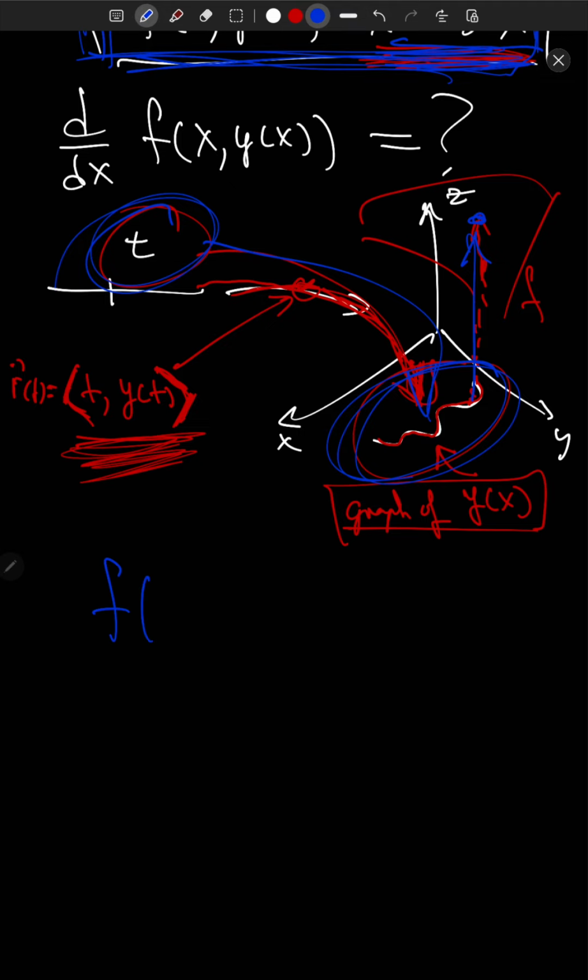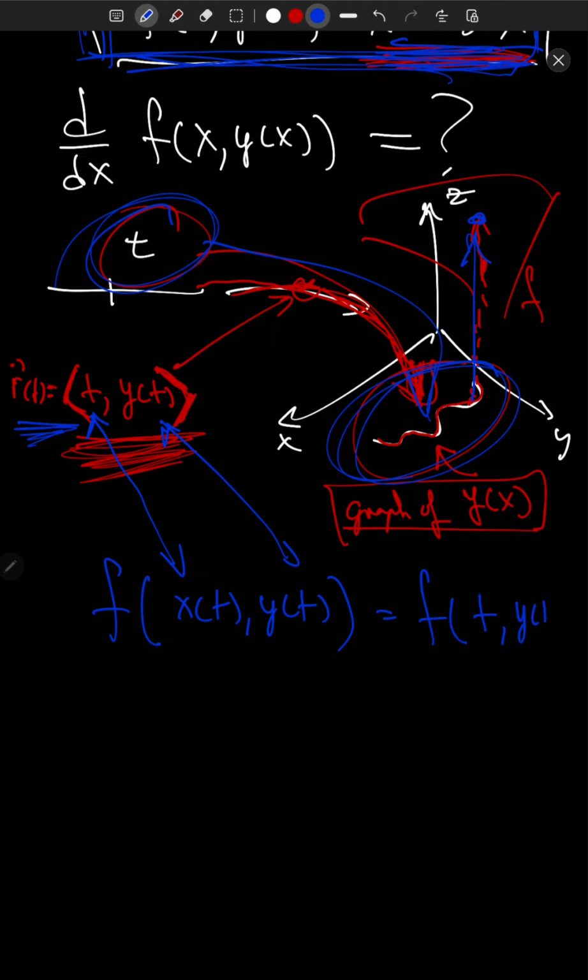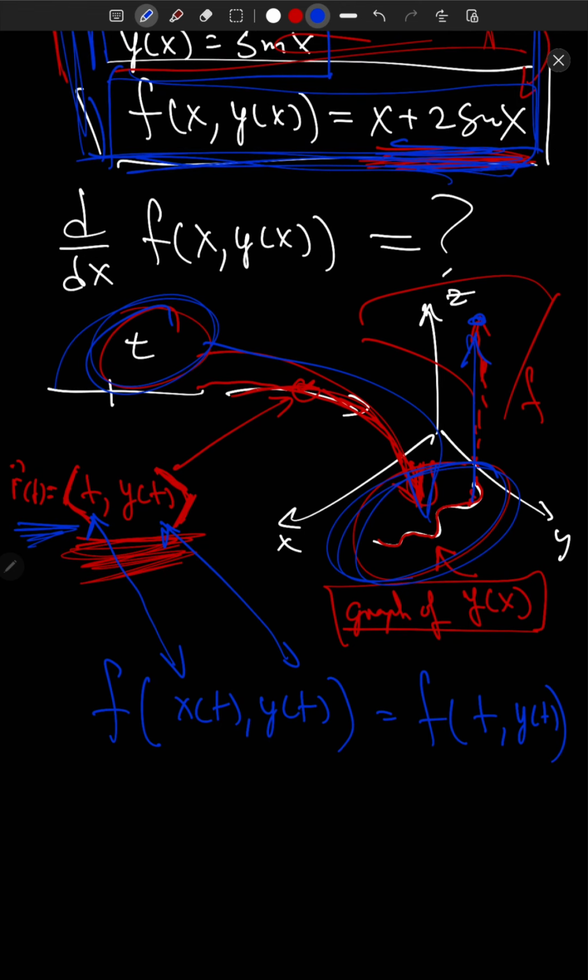What is this composition function? Well, it's just f of our parameterization, so x of t, y of t. But what is x of t? The instructions here say x of t is just t, and y of t is just y of t. So this is f of t comma y of t. And the point of this is that this is literally the same thing as the guy we wanted to calculate.